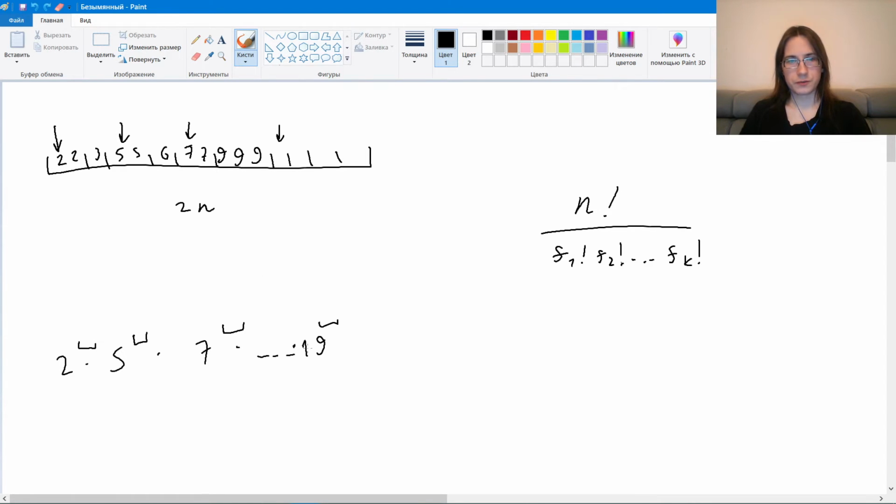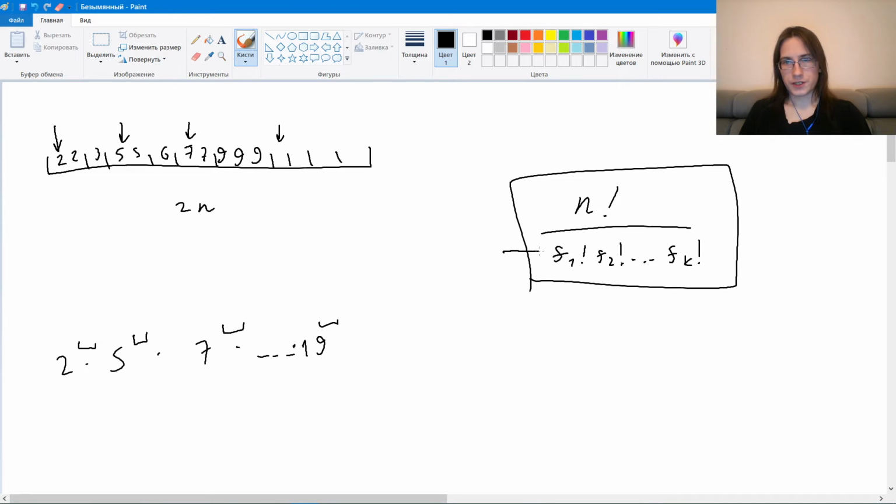to find how many different factorizations we can achieve if we choose those exact n prime values to serve as our p values. Why will this not be always the same? Because depending on which n prime values we choose on the first stage, we get different frequencies of values that remain. And so the number of ways to place the remaining values on those positions will not be always the same for different chosen p values.